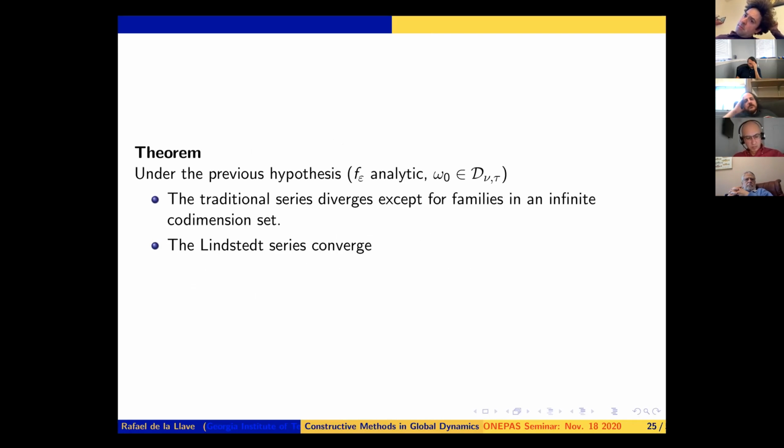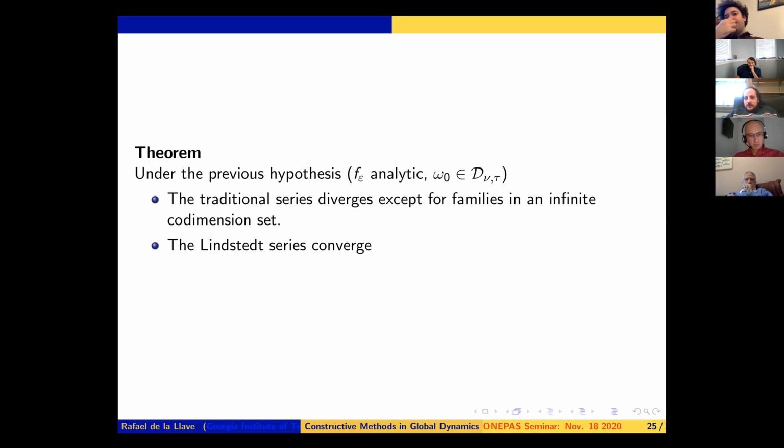There is one small theorem that I want to state, which I am maybe not going to prove: the traditional series diverges, unless you pick families in an infinite dimensional set.